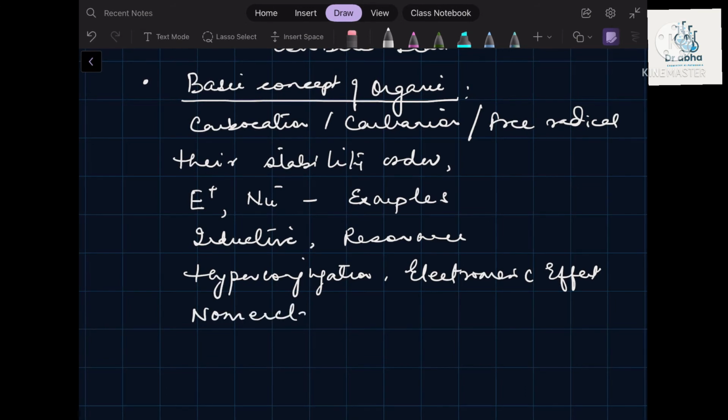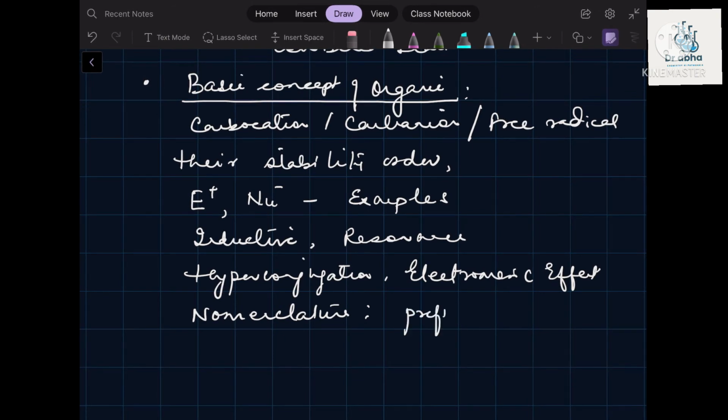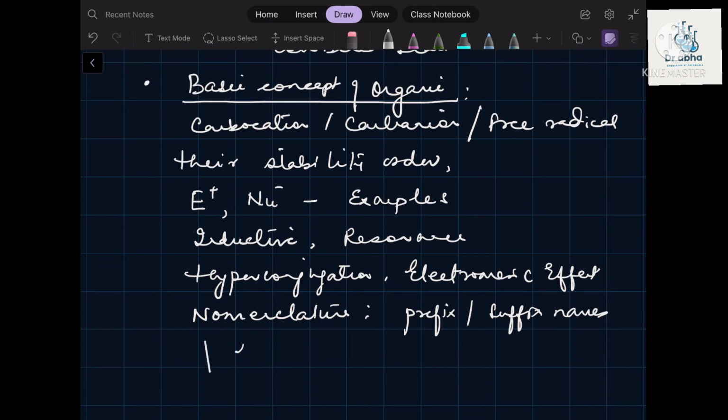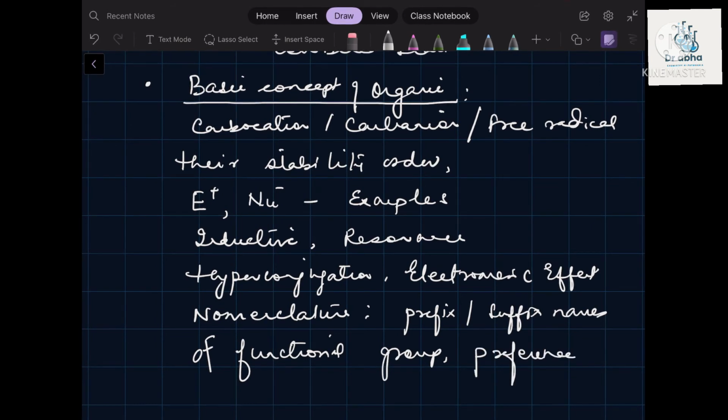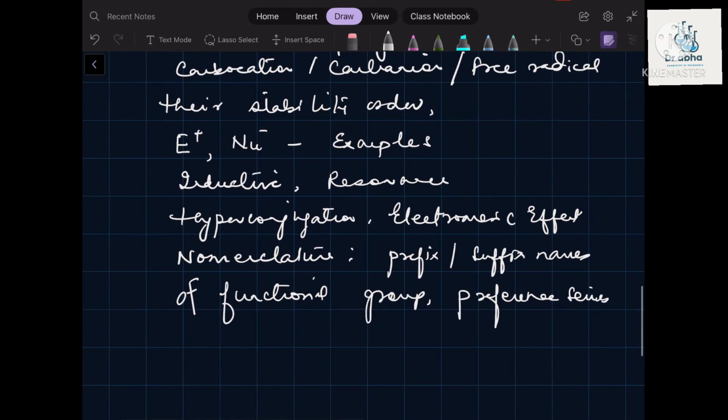So in 12th again you have nomenclature, but under nomenclature, if you know the prefix and suffix names of functional groups, the preference series, very important, preference series. So that will help you in nomenclature, right?